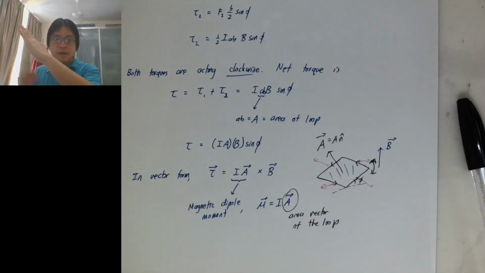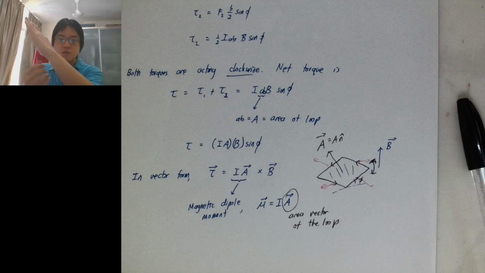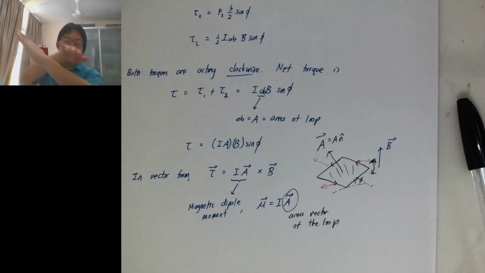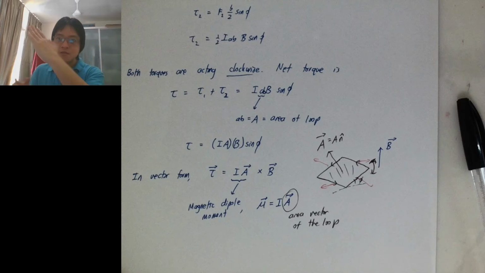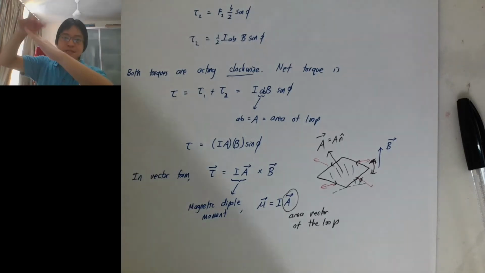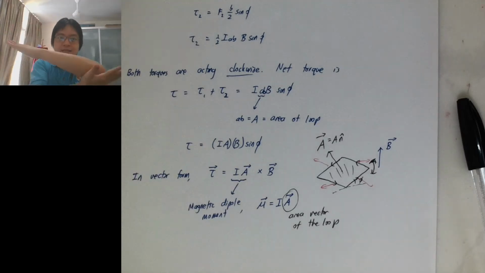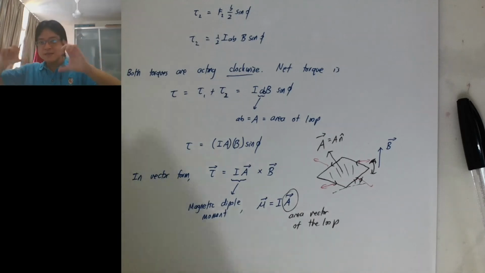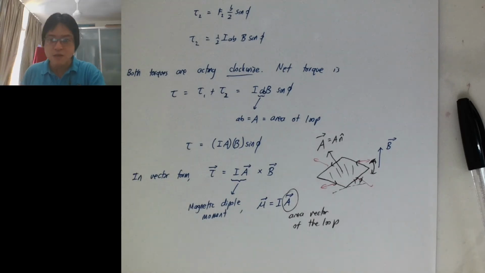So it's not balanced, right? So for wires 3 and 4, one is acting this way and the other is acting this way along the surface. So there's no rotating effect, right? Remember, for rotation, if one side is higher than the other side, then it is not balanced and will cause some kind of rotation.